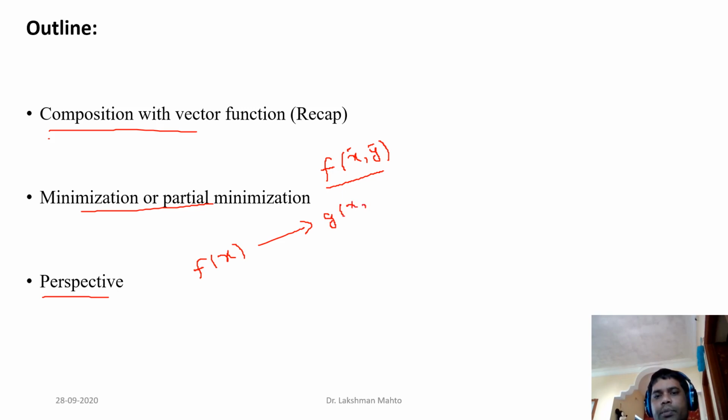In the epigraph concept, we introduce a new variable t, which always takes non-negative, positive values. So if you define a new function g of (x, t) such that g of (x, t) equals t times f of x divided by t, what does it do?